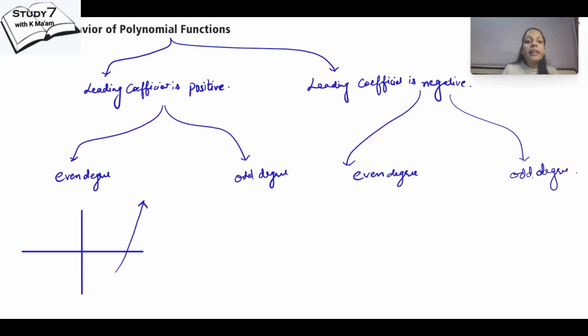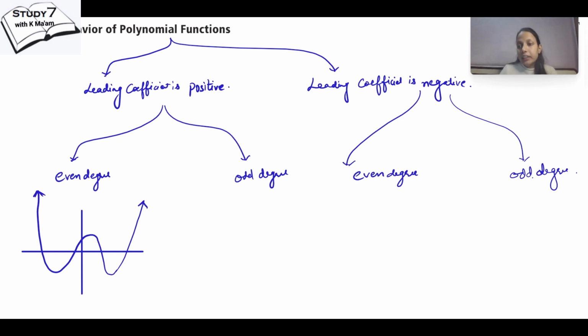Even if you put a negative number, because the power is even, it will change into positive again. Maybe it changed the behavior for some finite numbers, but after that it has its leading value positive on both sides.